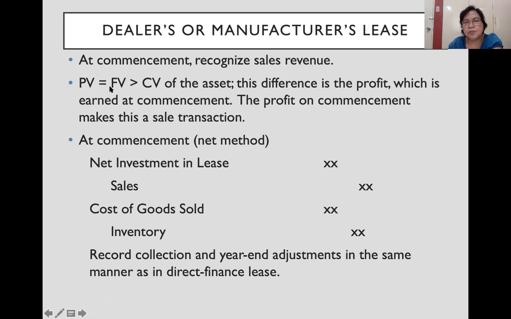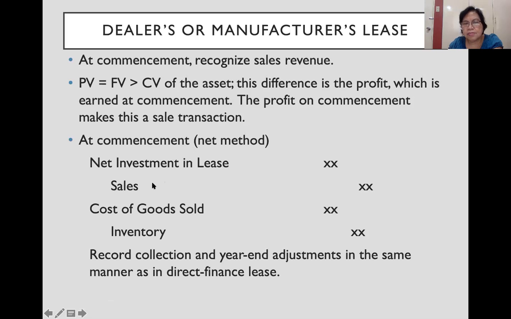This fair value is the selling price in effect, and this selling price exceeds the carrying value of the asset. Therefore, this excess of selling price over the carrying value of the asset is actually the profit, which is earned by the lessor at commencement. And this profit makes this a sale transaction, hence dealer's lease or manufacturer's lease.